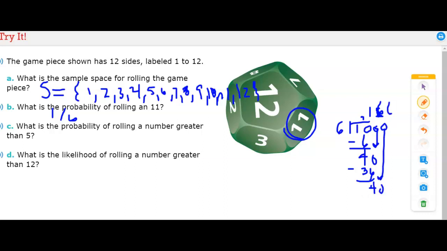So the percentage, if I move my decimal to the right 2 times, that'll give me 16.6, approximately 16 and 6/10% of a probability. So that will be what you would have as a percent.